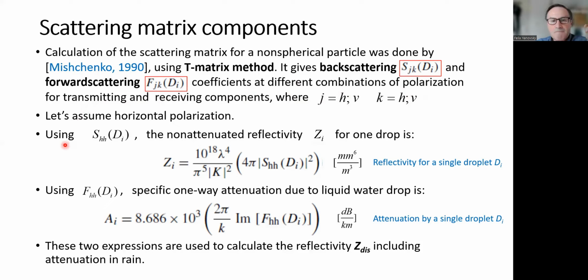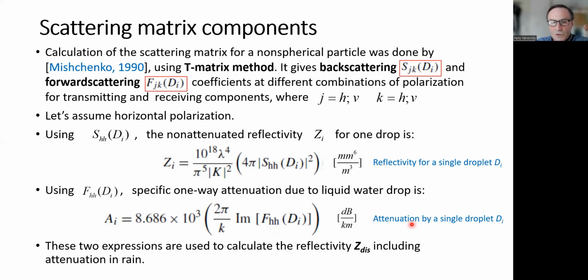And in this case, using the backscattering matrix element for horizontal polarization, we can estimate the reflectivity for each droplet with diameter d in millimeters, in mm^6 per m^3. And using the forward scattering matrix, we can estimate the attenuation by a single droplet in dB per kilometer.